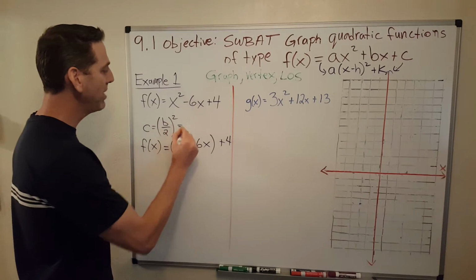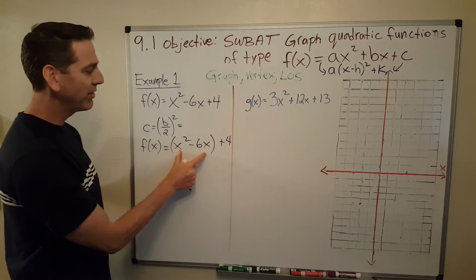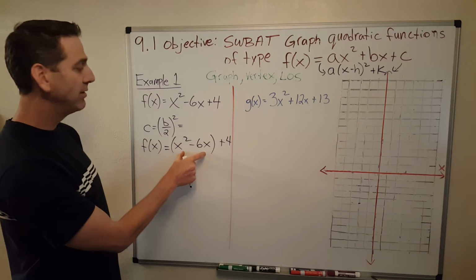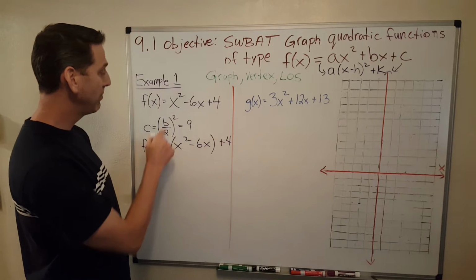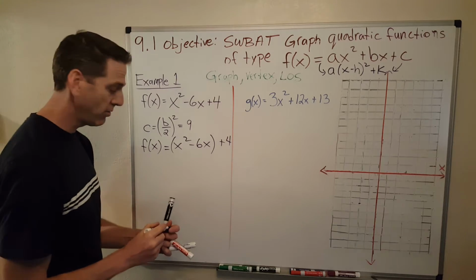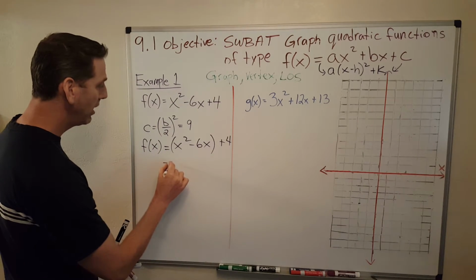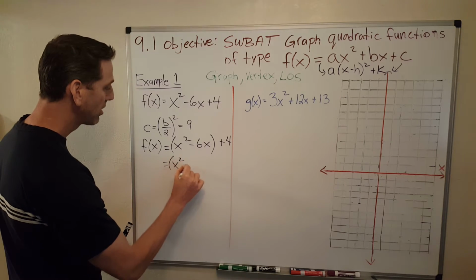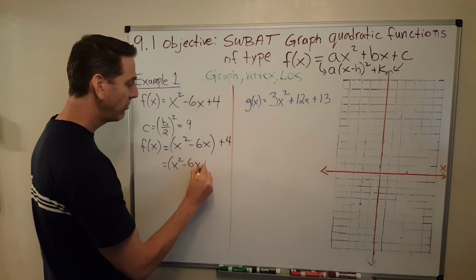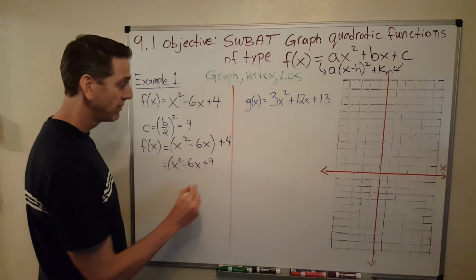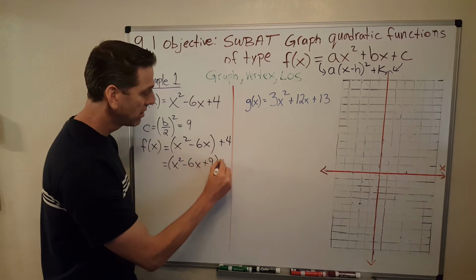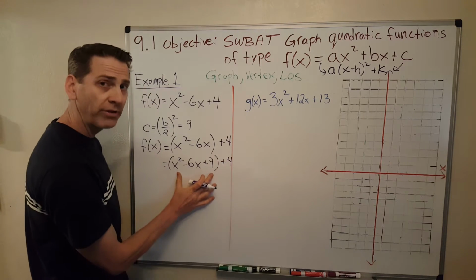I know what my c needs to be for this little binomial: 9, b over 2 squared. 6 divided by 2 squared is 9. So here's what we're going to do. We copy everything down. c needs to be 9, so I'm going to add 9 to that. And then I still have that 4 out here, correct? Now this is a perfect square trinomial.